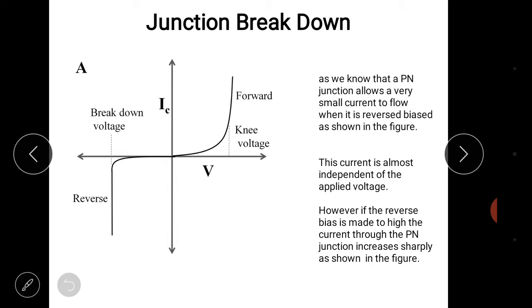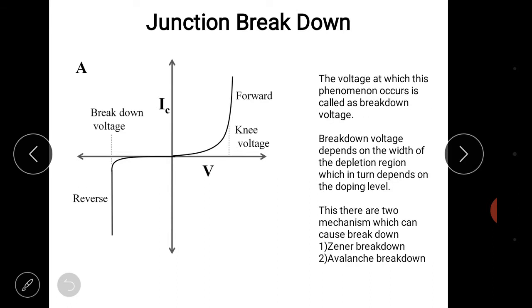As we know that a p-n junction allows a very small current to flow when it is reverse biased, as shown in figure. This current is almost independent of the applied voltage. However, if the reverse bias is made too high, the current through the p-n junction increases sharply, as shown in the figure.